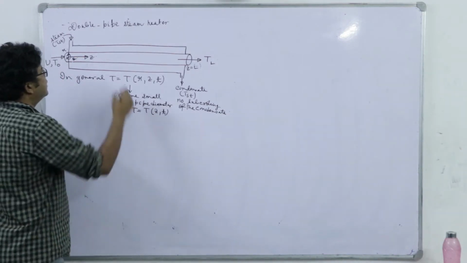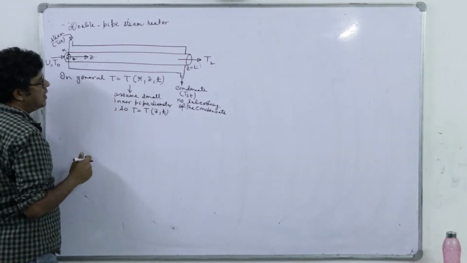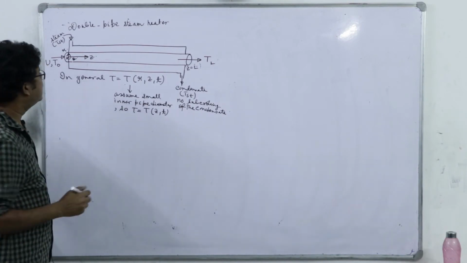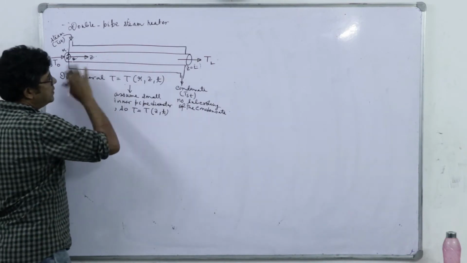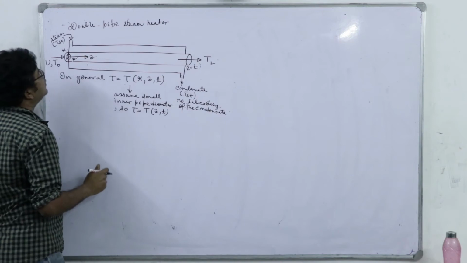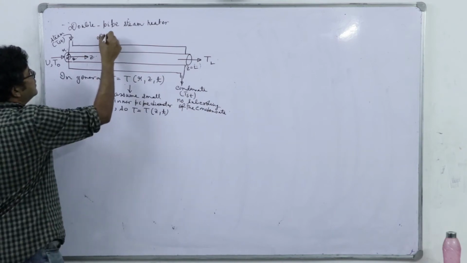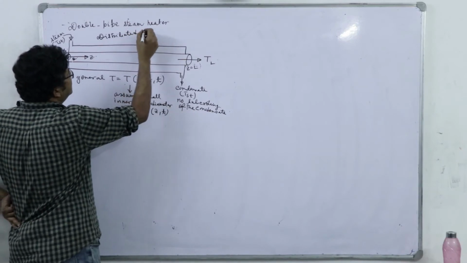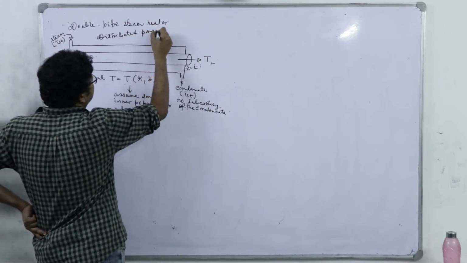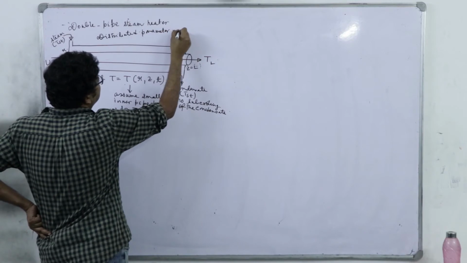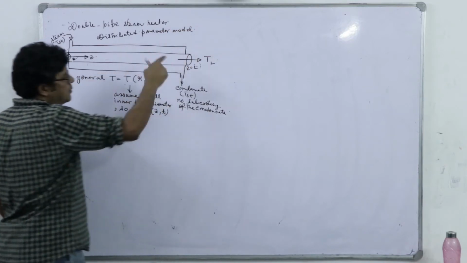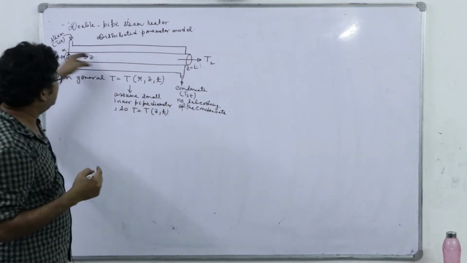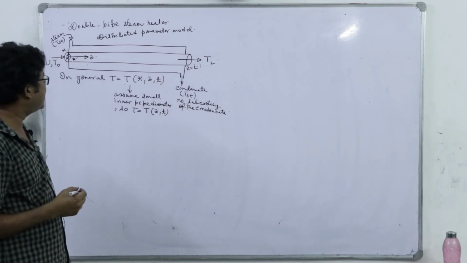Over the specific section, it has a uniform temperature. Now, how to develop this distributed parameter model? It is obvious that this can never be a lumped parameter model, as the temperature progressively increases along the direction of the pipe axis.